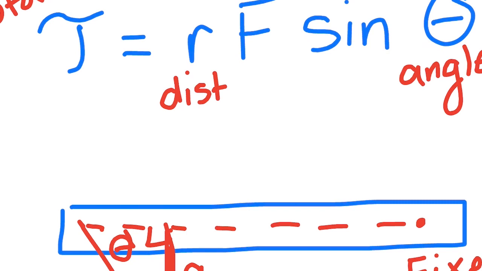So if you're trying to find this vertical component, your force just in the y-axis, you would have force times sine theta, or F sine theta. This part of our equation is really just representing the vertical component of force pushing straight down on that handle.